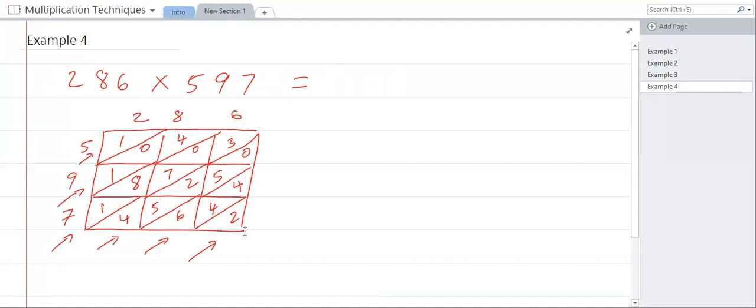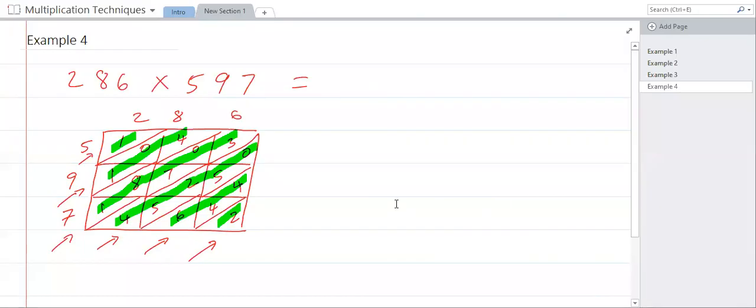Let me just shade it in so you can see. So I've shaded in for you what you need to add. So let me just take out these arrows. So this is how you need to add up these numbers.